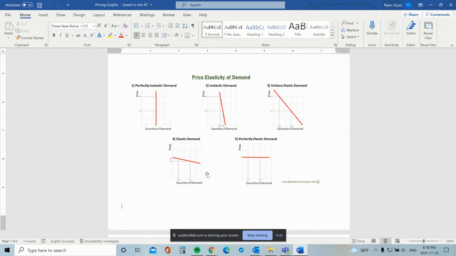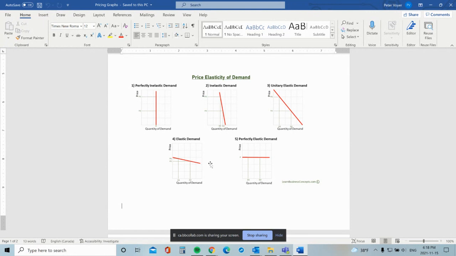So these kinds of commodities are highly elastic, as we call them. Beer is another one. Generally speaking, most beer is highly elastic. So a little change of price and boom, consumers will flip over into something else if it goes up or down.